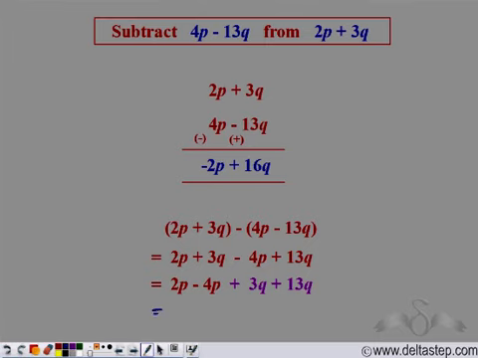Simplifying them, we get 2p minus 4p gives minus 2p. 3q plus 13q. What will it give? Another like term, that is a term containing the same variable part q and the sum of 3 and 13, which is 16. So we get the same answer. So we can do it in any of the methods. So minus 2p plus 16q is the answer.